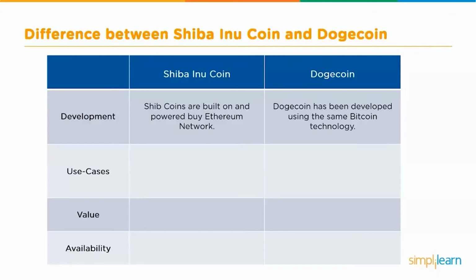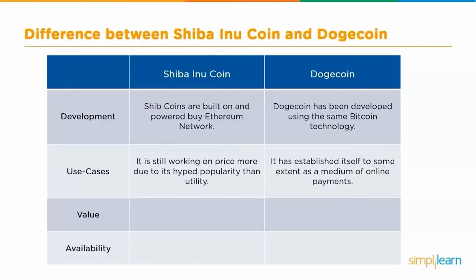Shiba Inu coins are built on and powered by the Ethereum network, while Dogecoin has been developed using the same technology as Bitcoin. Then is use cases. Shiba Inu coin is still working upon price more due to its high popularity than utility. But on the other hand, Dogecoin has already established itself to some extent as a medium of online payments.